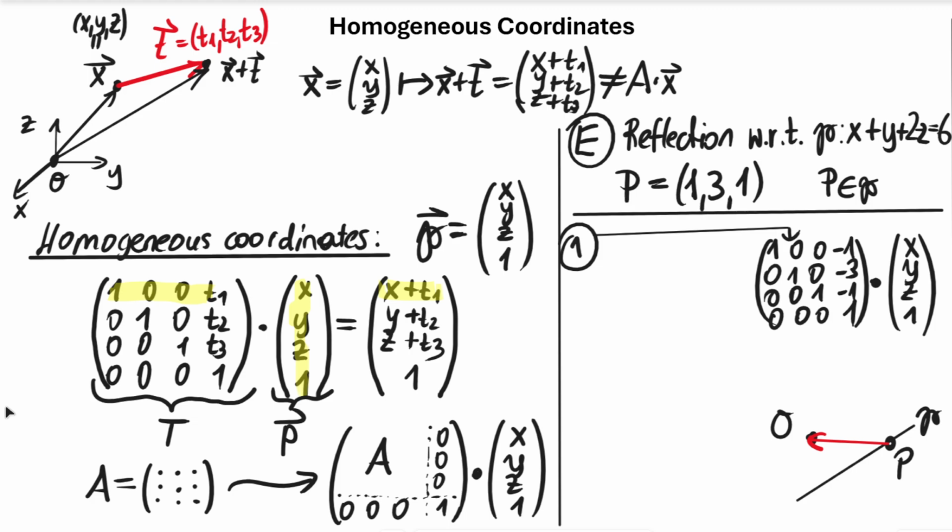Now we can use our formulas for the reflection. So we reflect across the translated plane. Now the plane also passes through the origin, and we can apply the known reflection matrix for this plane given here. And we must embed the 3 times 3 reflection matrix into a 4 times 4 matrix for the homogeneous coordinates. And it looks like that.